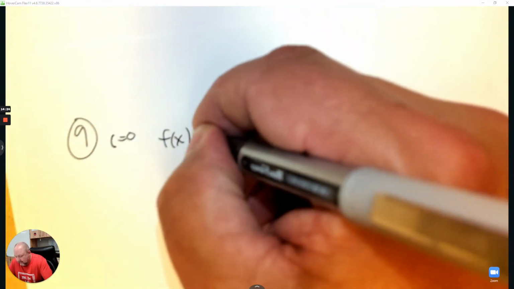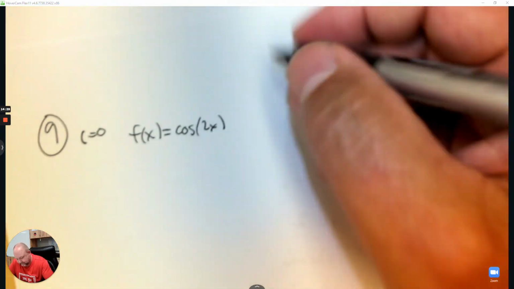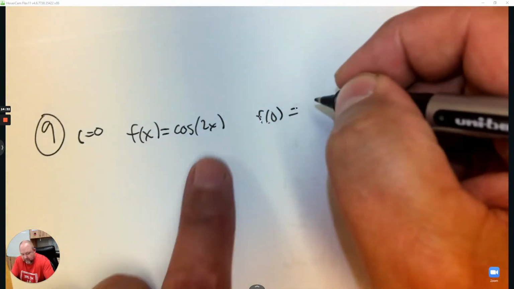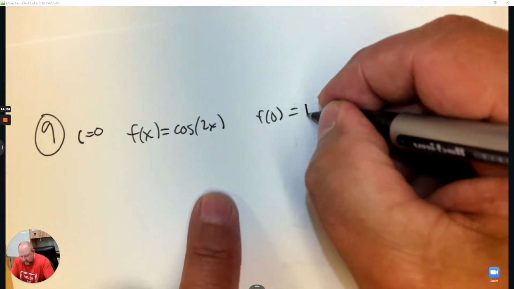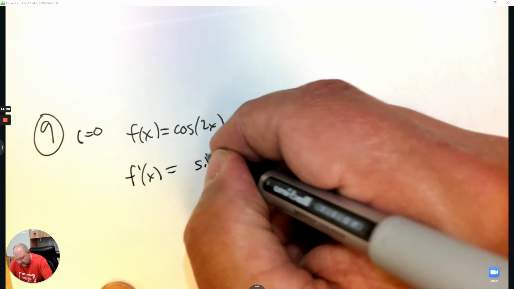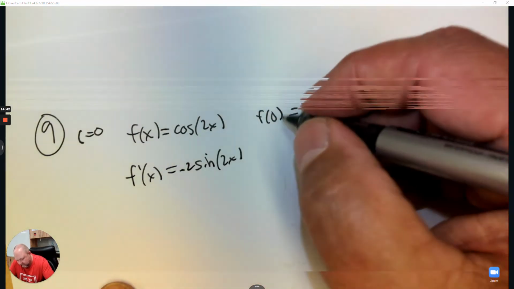So if it's centered at 0, it's called a Maclaurin, but it's also a Taylor. So f at x equals cosine 2x. F at 0, if I plug in 0, cosine 0 is equal to 1. The derivative is negative sine 2x with a hook of 2.